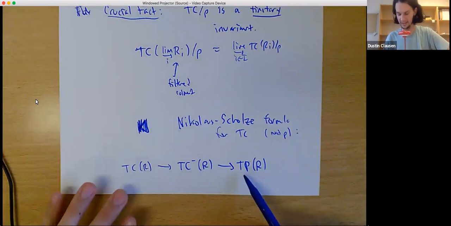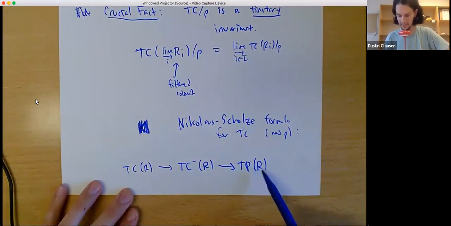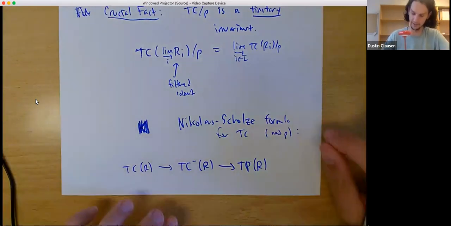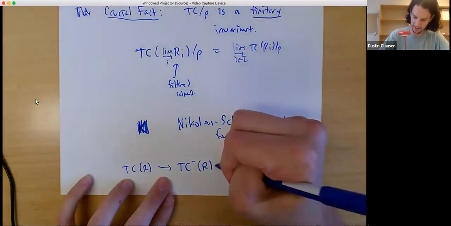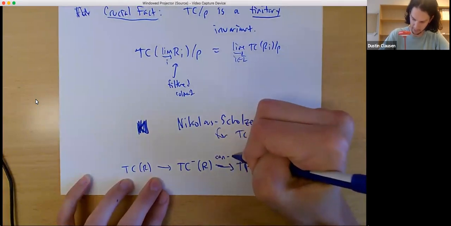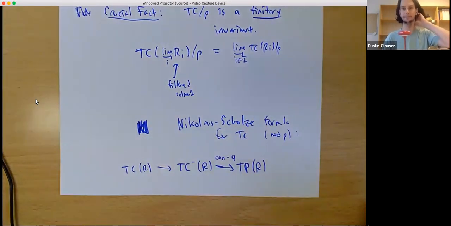And this is just like periodic cyclic homology, except you use topological Hochschild homology instead of Hochschild homology. And this map is the difference between two maps. One map called the canonical map, and one map called the Frobenius map.